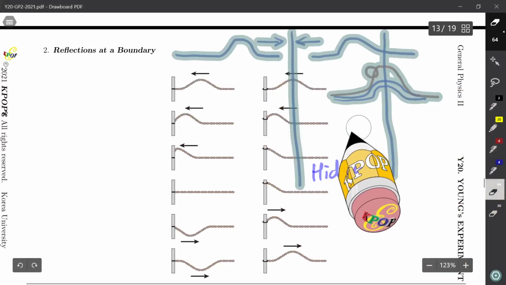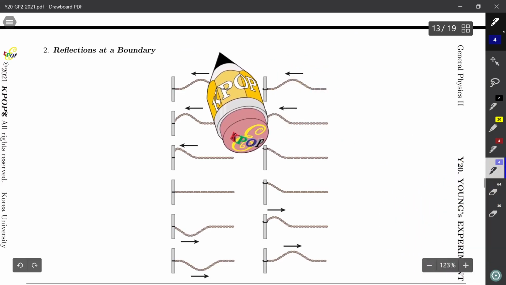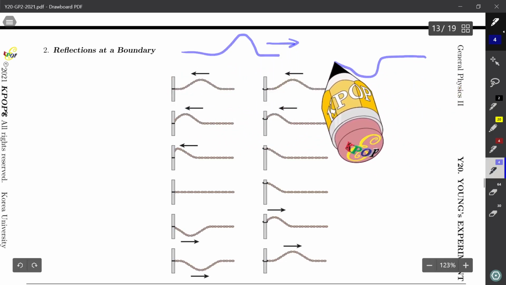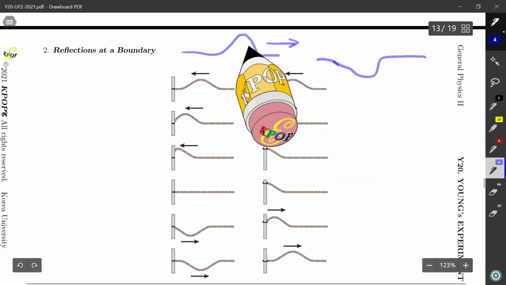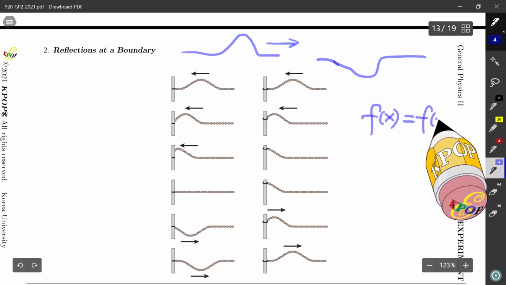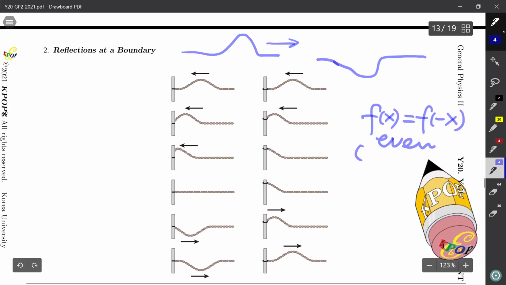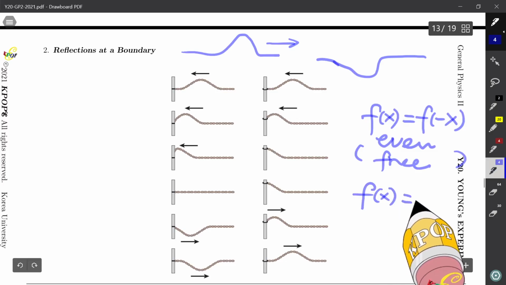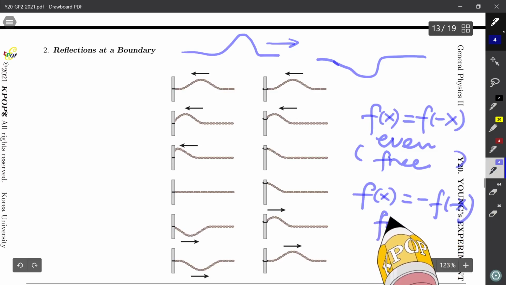In the case of fixed end, it can be interpreted as the collision of two waves. One wave is in this shape and the other wave is opposite. This kind of function is f of x. This one is an even function. This even function is for the free end, and the odd function is for the fixed end.